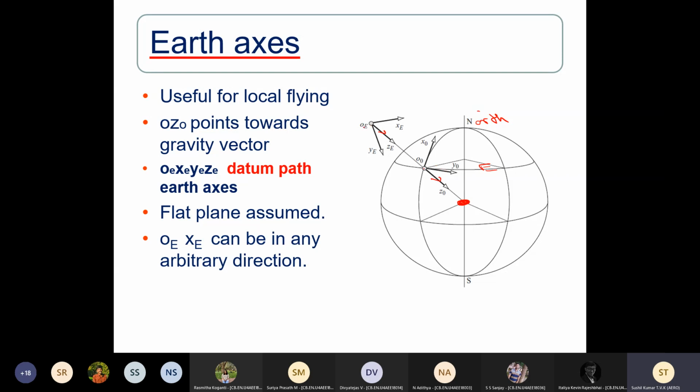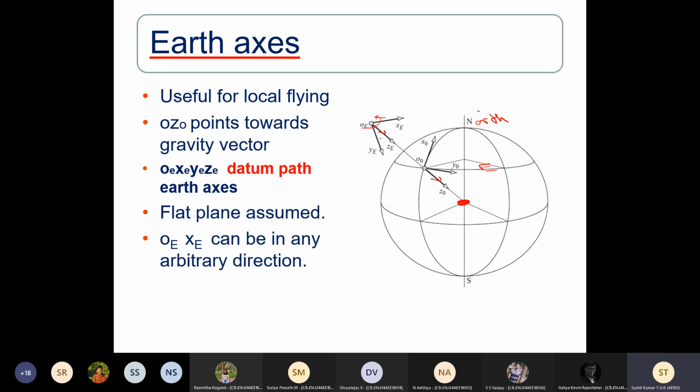But aircraft is now free to fly in any direction, and preference continues to be XE and YE. We'll change the nomenclature to north-east-down shortly. But only difference is now it's not on the surface, it's going up.